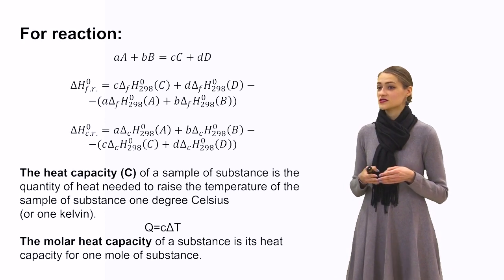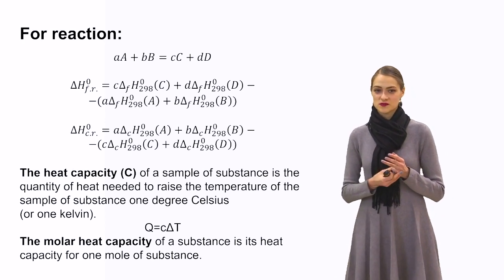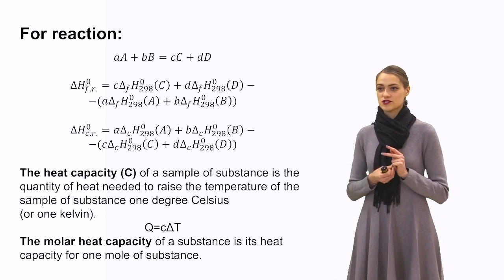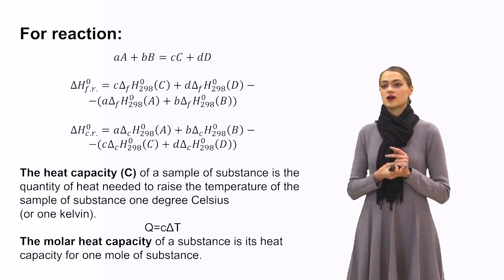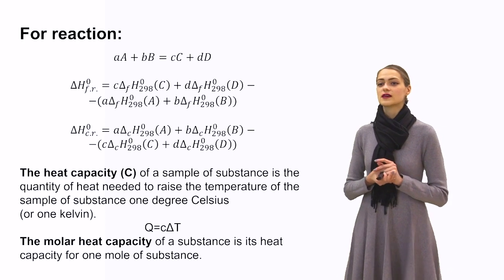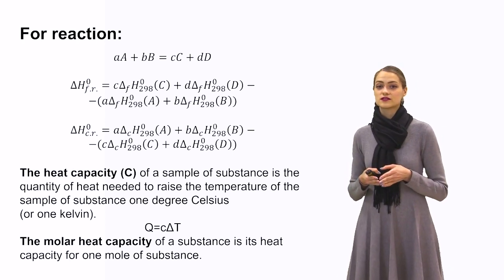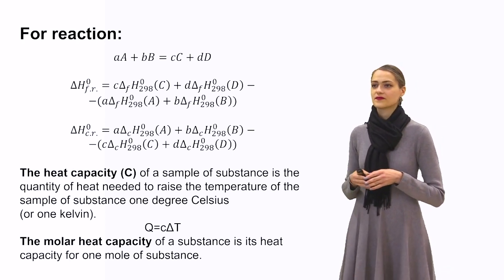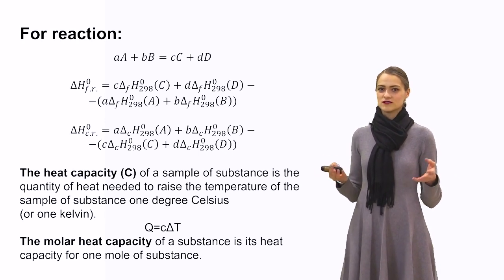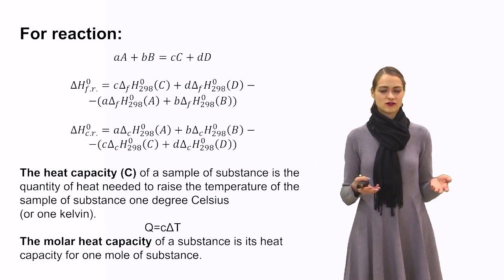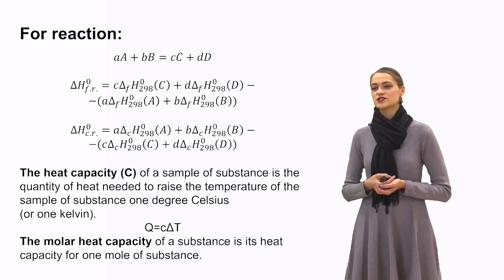Let's remind ourselves what standard conditions mean: 1 atmosphere pressure and room temperature, 25 degrees Celsius, 298 Kelvin. But let's imagine we have a combustion reaction in an engine, a rocket engine or aviation engine.